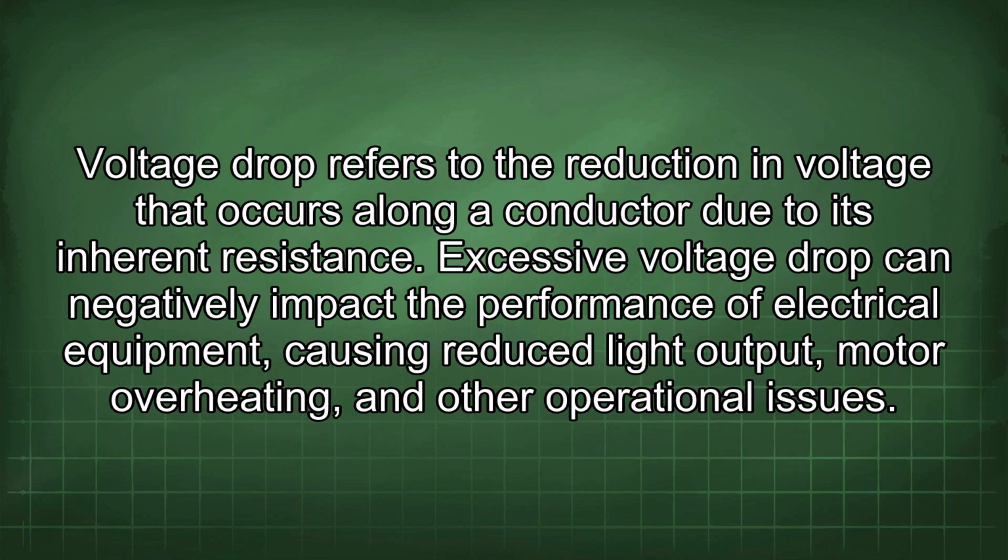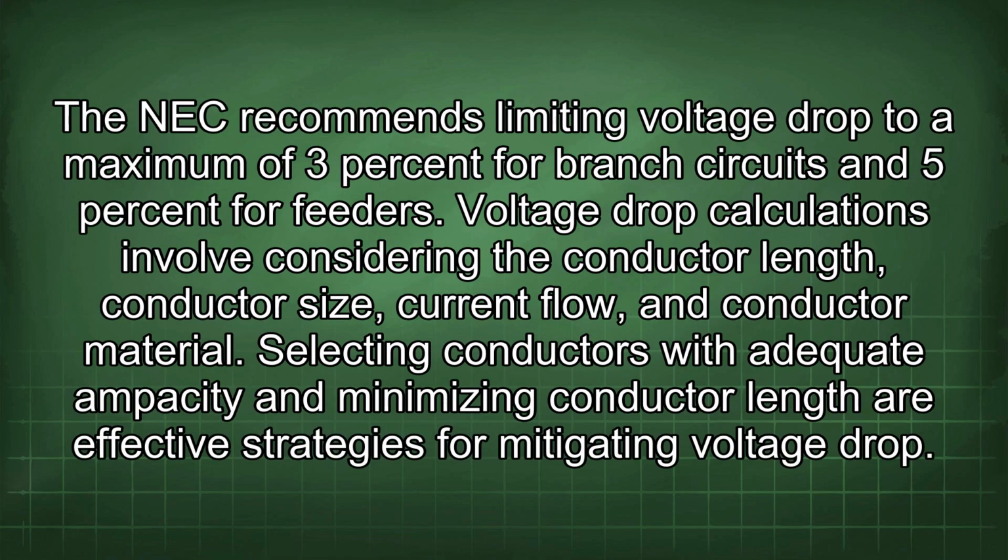Voltage drop refers to the reduction in voltage that occurs along a conductor due to its inherent resistance. Excessive voltage drop can negatively impact the performance of electrical equipment, causing reduced light output, motor overheating, and other operational issues. The NEC recommends limiting voltage drop to a maximum of 3% for branch circuits and 5% for feeders.